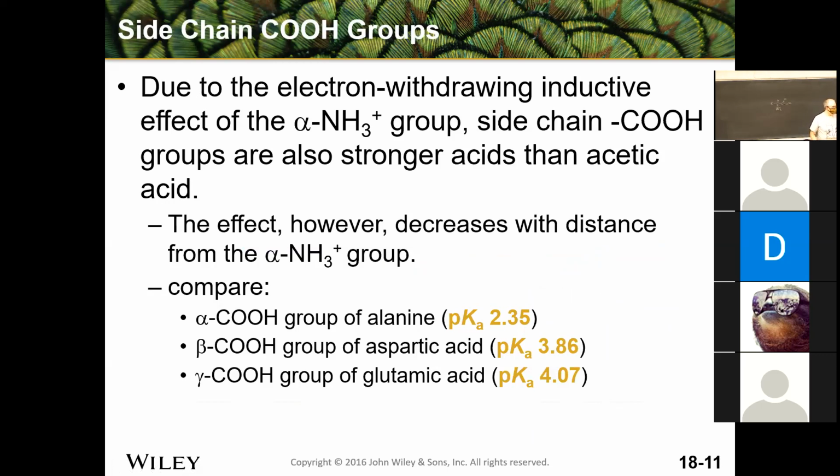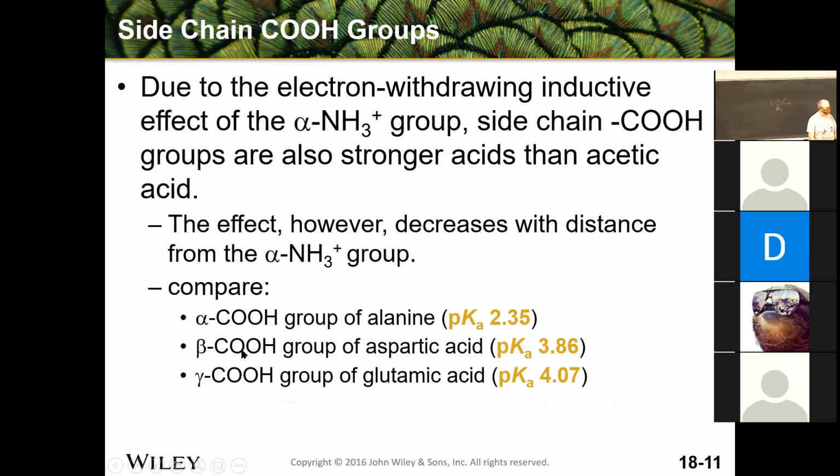Okay, the effect, however, decreases with distance. Okay, so if we have an alpha NH3 plus, like as for alanine, then pKa is 2.35.